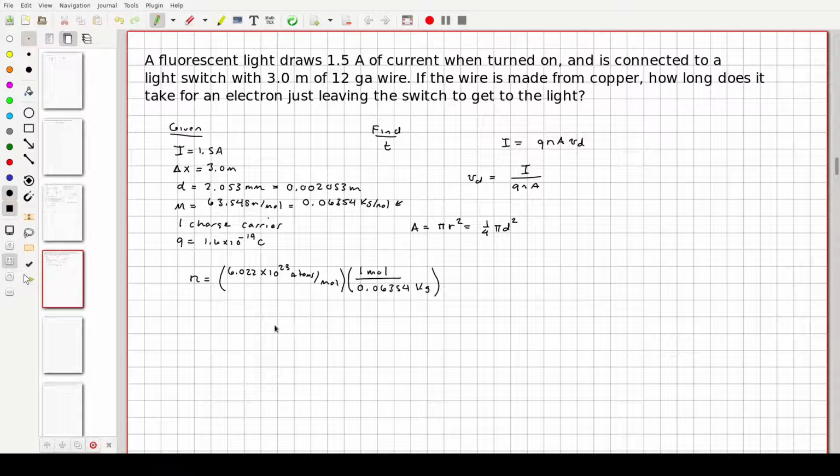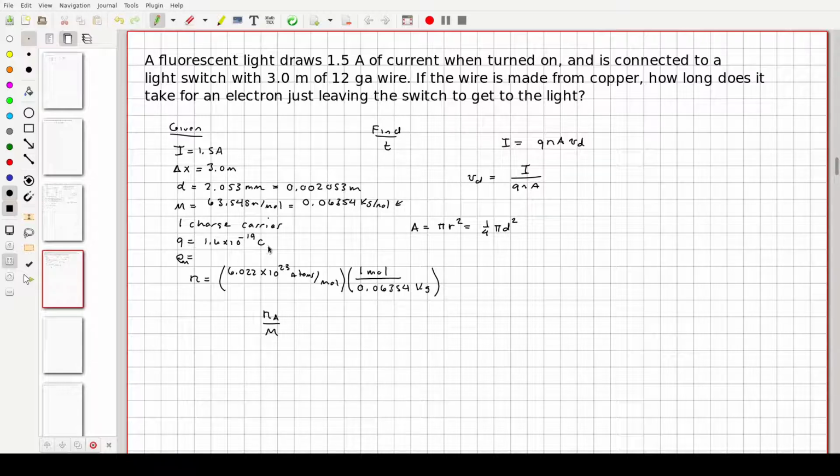Okay, so what we've done is we've multiplied it by Avogadro's number and then divided by the molecular mass. Now, if you look up the density of copper, which for the time being I'm going to call rho, we're going to need to be a little bit different with respect to the notation. I'll call this mass density. Okay, so rho sub m.